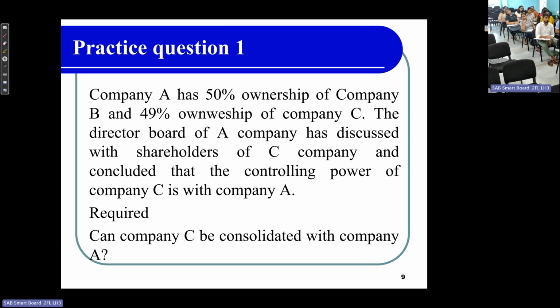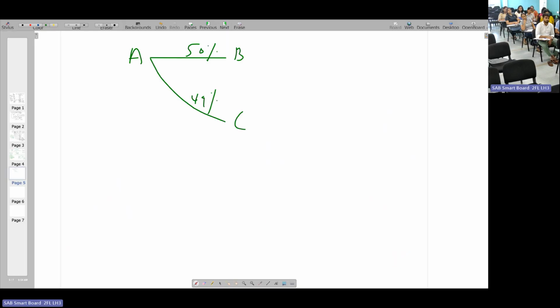The board of directors of company A discussed with shareholders of company C and concluded that controlling power of company C is with company A. The question was, can company C be consolidated with company A?